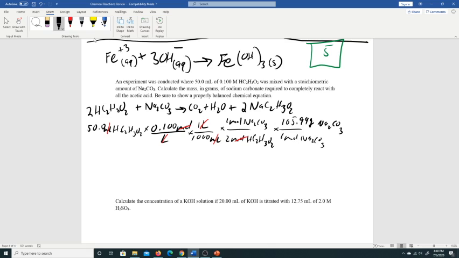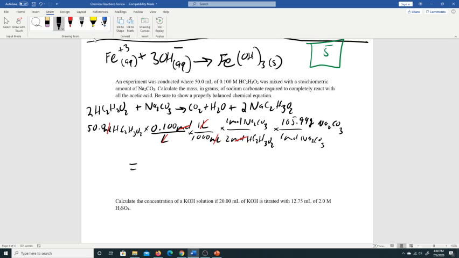Okay, so 50 times 0.1 divided by 1,000 divided by 2 times 105.99. Check sig figs. The data's got 3 sig figs for the 50 as well as the 0.100. So my answer gets 3 sig figs.